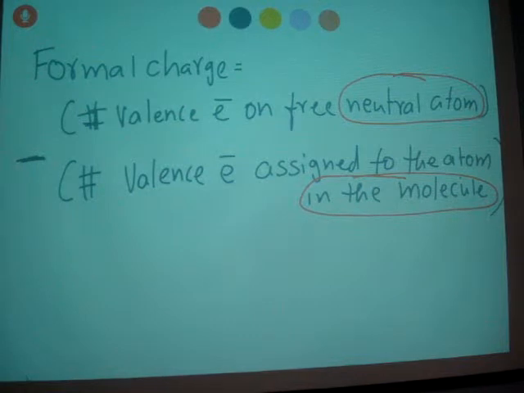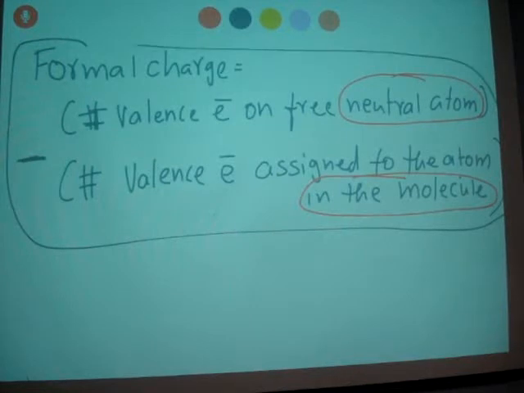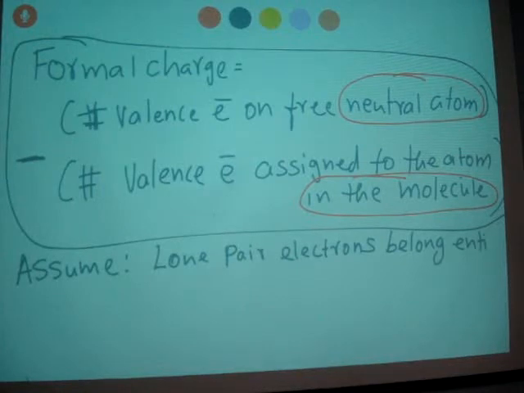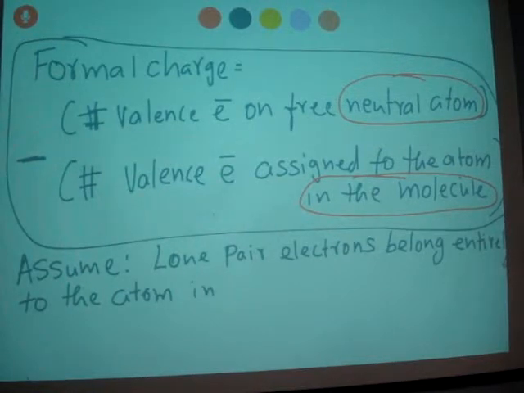Now, by applying this, we need to assume that lone pair electrons belong entirely to the atom in question.